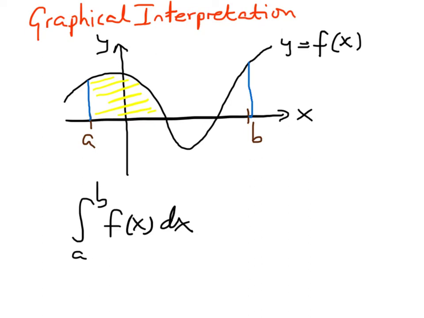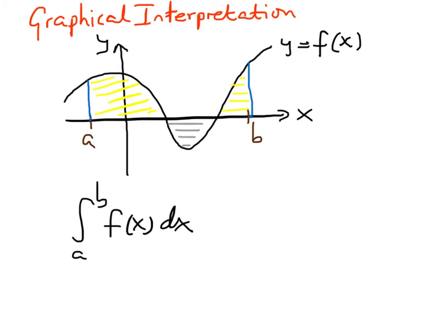Then we have another area, which is this area which is below the x-axis. That's this area here. So I'll just draw that here. And then we have a third and final area, which is also, just like the first one, above the x-axis.